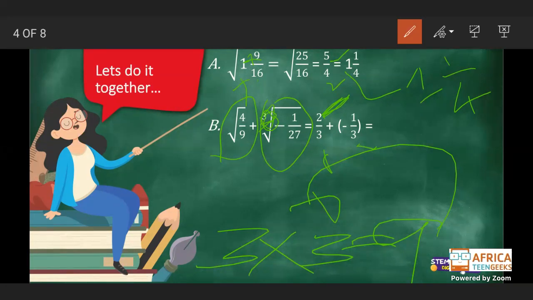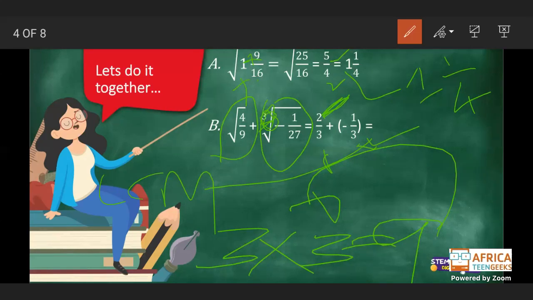Right. So now we need to add our fractions, but here we have a negative. We have negative 1 over 3, and we have a positive 2 over 3. In this case, our denominators are the same, so there's no need to find our lowest common multiple, because we already have a common number, which is 3.